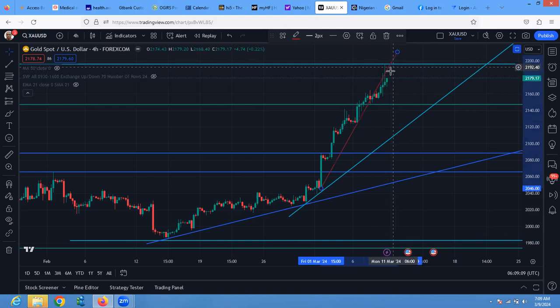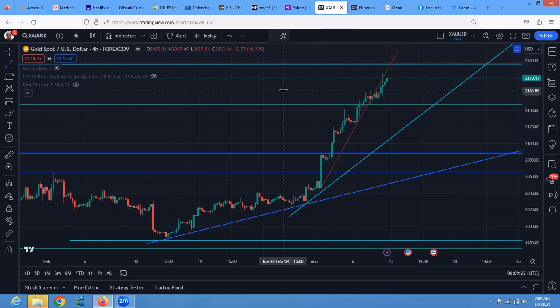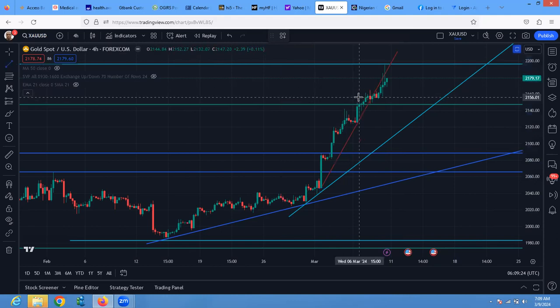We need to be on the lookout for what is going to happen around this area. So your first structure break is what you should be looking for now. So the structure is here now.